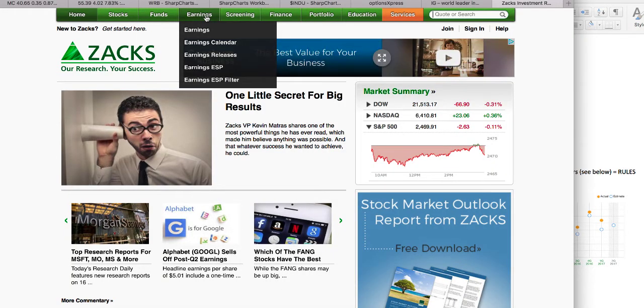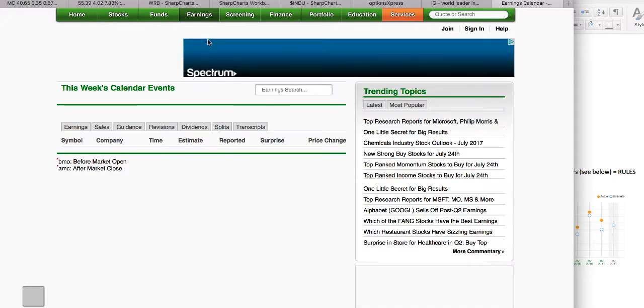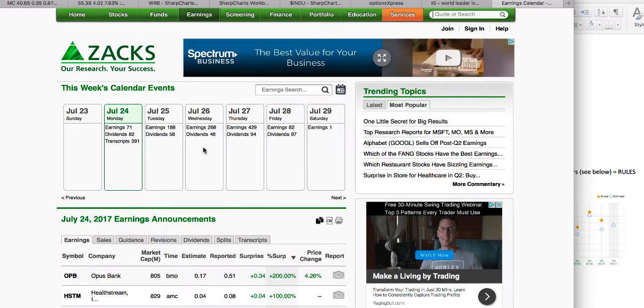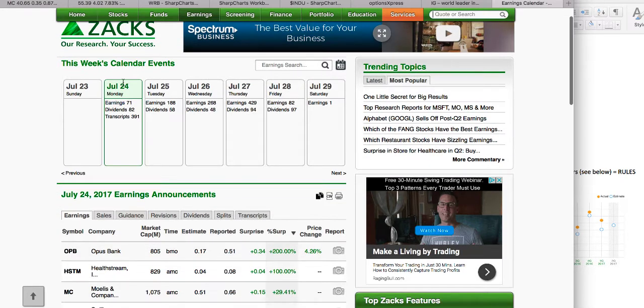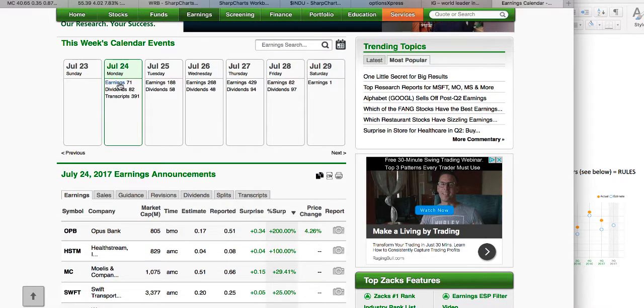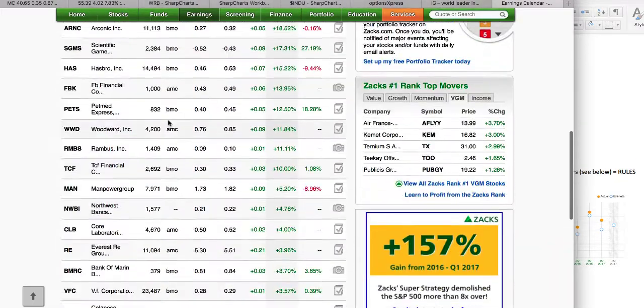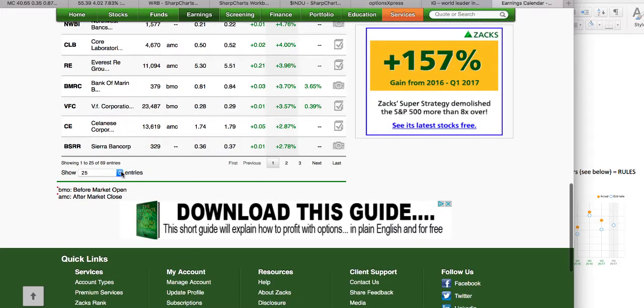And we simply go to earnings calendar, and then you can just select the day in question, and you just click on earnings. If you wanted to look at the ones that are going to report after the close, this market's closed now, but if I was going to say after earnings today, and then you click on that, you can scroll down and show 25 or all of them, or go through each page at a time.